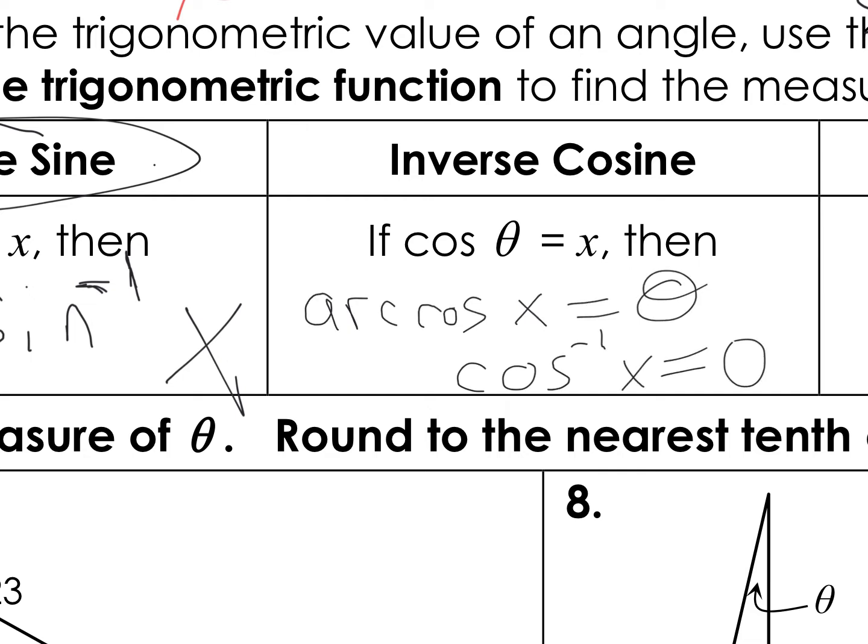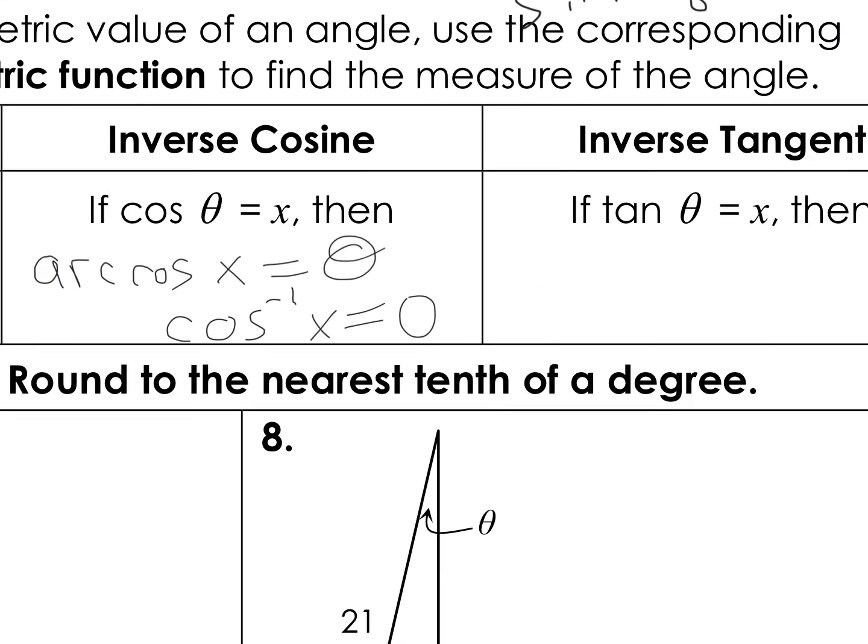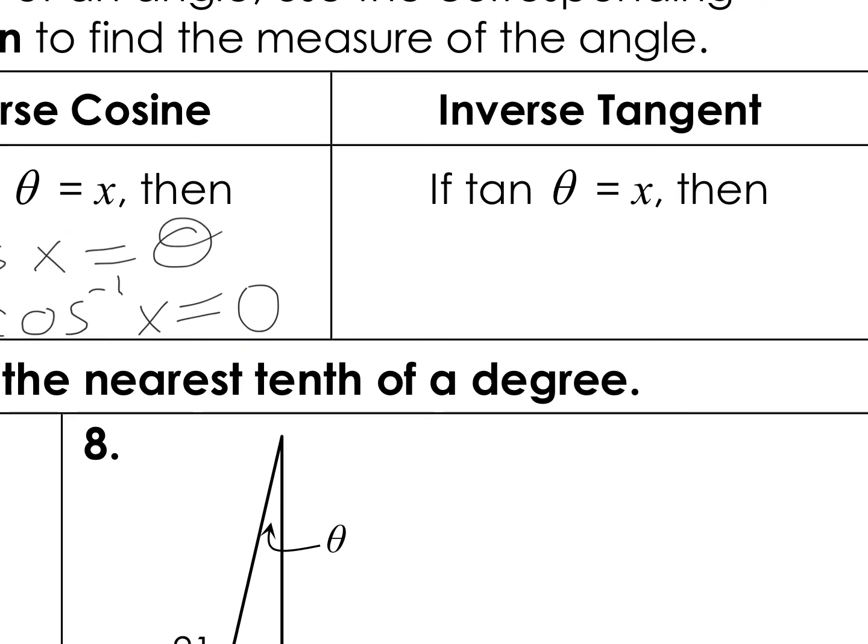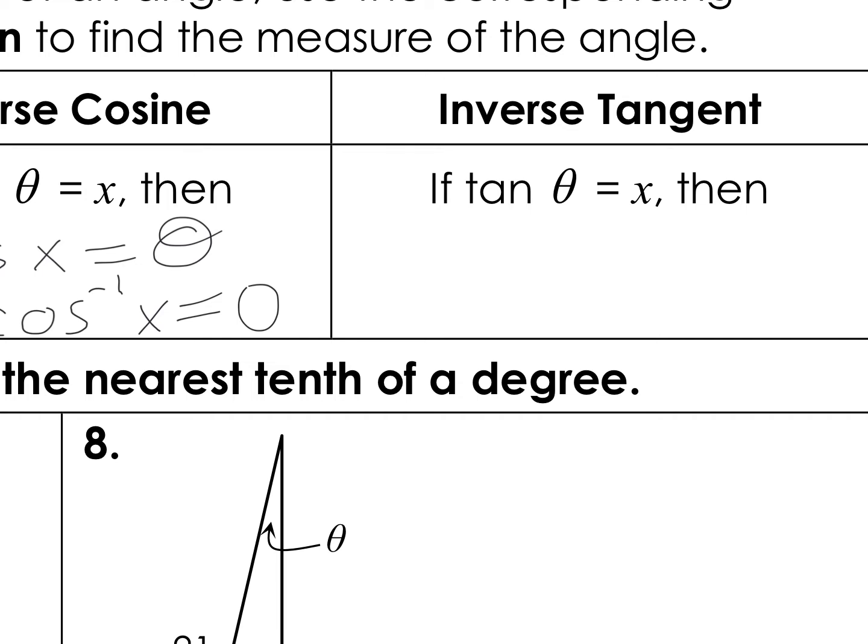Inverse cosine, arc cosine, they're the same. The word arc in front of it, I just tend to like it a little better, especially on the computer, because it's easier to type in a word than to type in something to the -1. So if tangent of theta is x, to get the theta out, I do the inverse tangent of x.